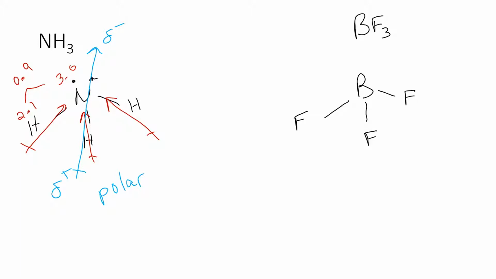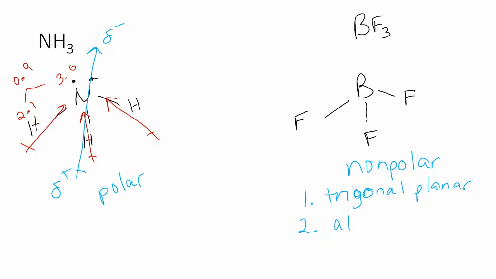BF3, I'm going to give you a rule to memorize. This is nonpolar. And the reason for that is twofold. One, it's trigonal planar. And two, all the attachments are the same.